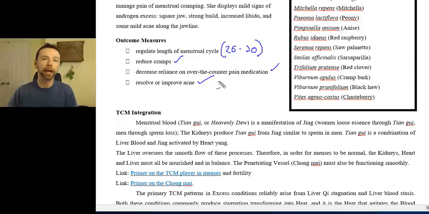In fact, a very reliable predictor of health in women in that age range is a regular menstrual cycle. If a woman in that age range says, my menstrual cycle is very regular, no clots, a little bit of cramping, but it's not so bad, and then their digestion is okay, and their sleep is okay, chances are their life is okay, and that's kind of what we want to see.